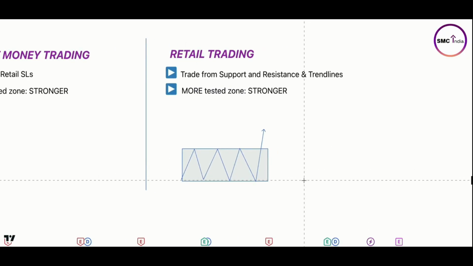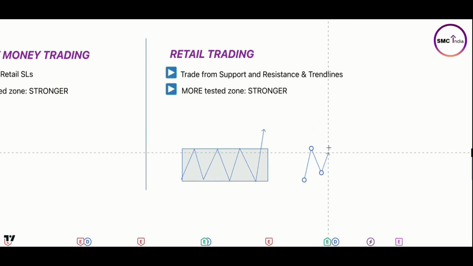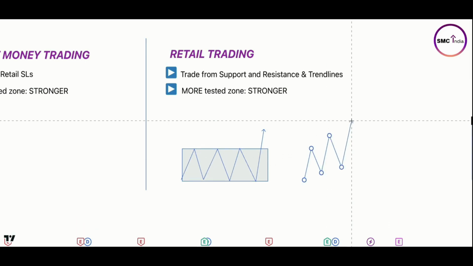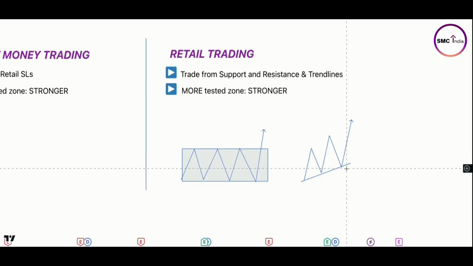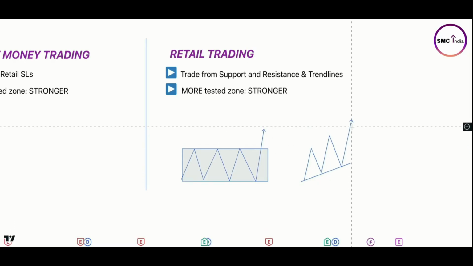And in trend line, when you see a continuous support from this level, you place your trades here, putting stop loss below the trend line and putting target levels above it.